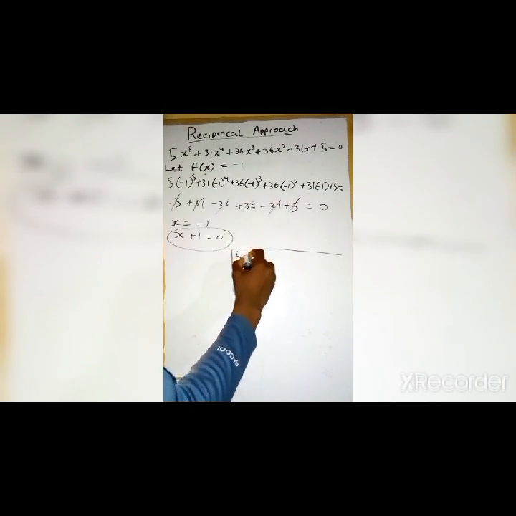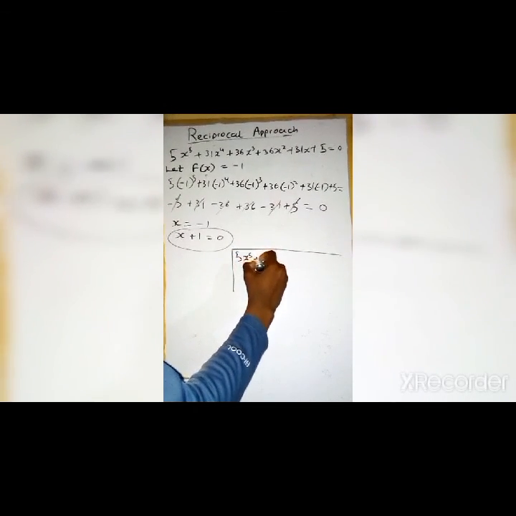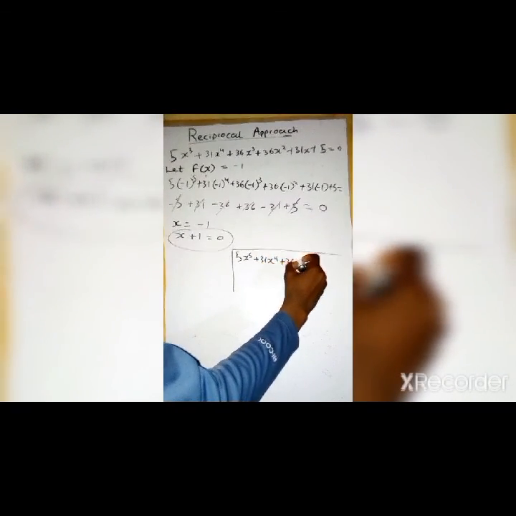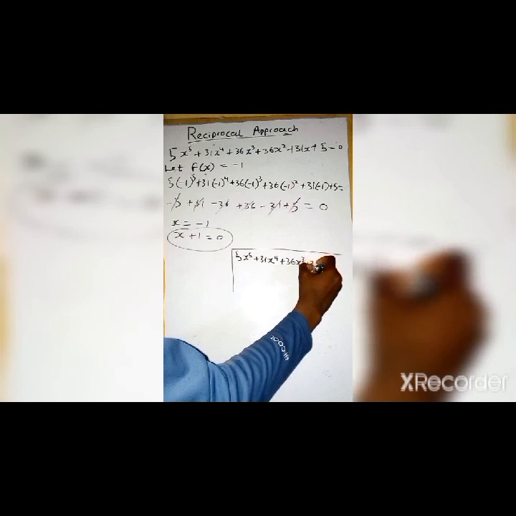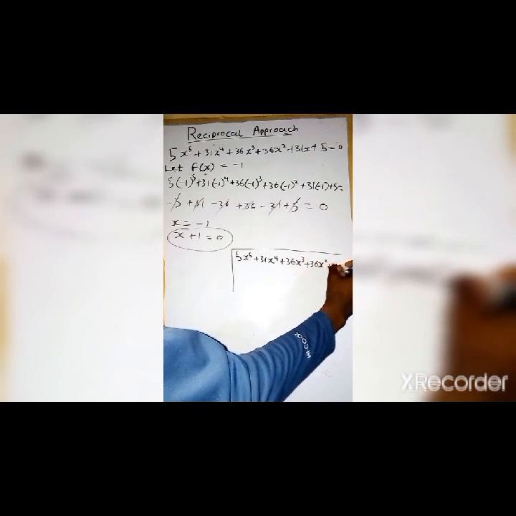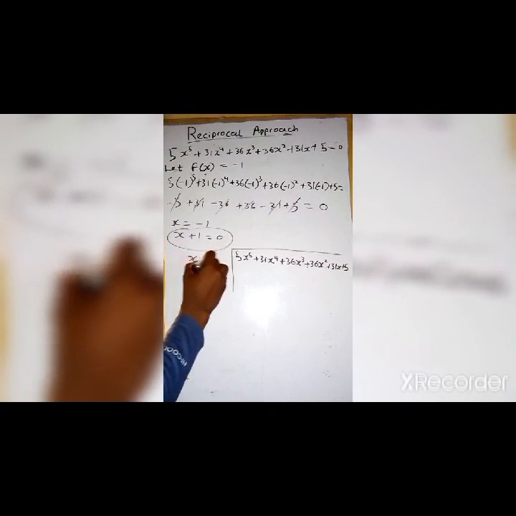By dividing, we have 5x raised to power 5, our polynomial, plus 31x raised to power 4 plus 36x raised to power 3 plus 36x raised to power 2 plus 31x plus 5. And we have our factor to be x plus 1. So now the first thing we have to do is divide, then we multiply, we subtract, and we bring down, so to get our final answer.